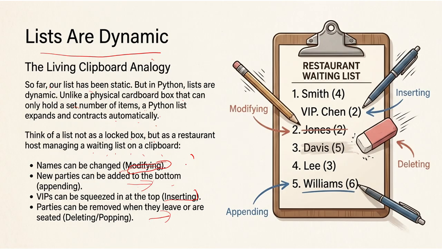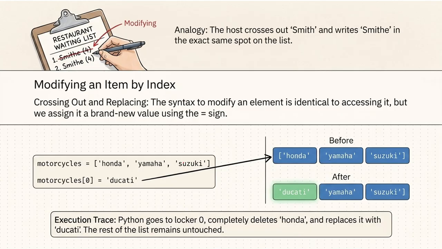In the next slides, let's see. First we will see modifying. Let's see this analogy. The host crosses out Smith and writes Smithe in the same spot on the list.